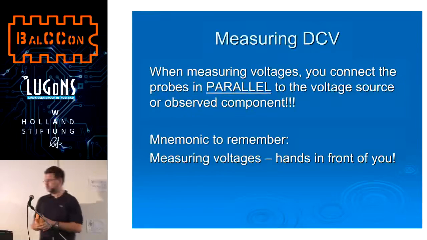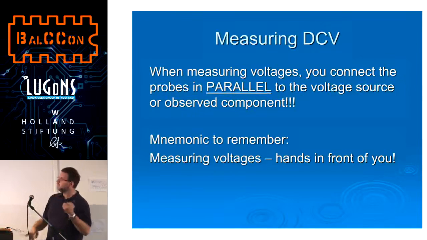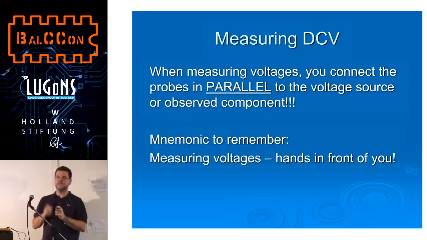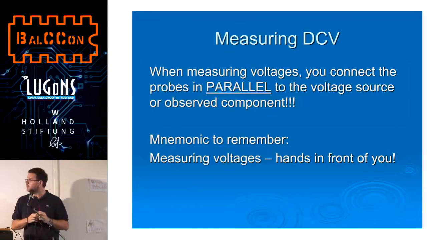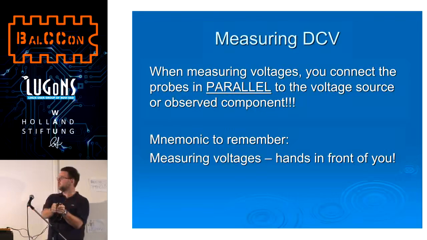You have to remember how to measure voltage. Voltage is always measured, as I say to my students, like this. Always remember, when you're measuring voltage, put your arms in front of you so you connect in parallel to the source that you are measuring. I'll tell you why that's important.